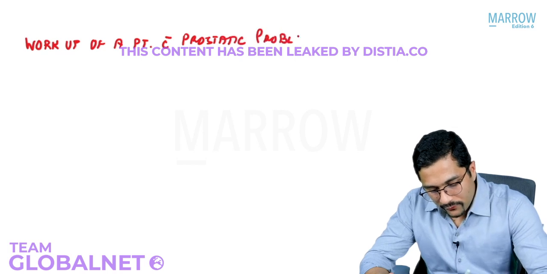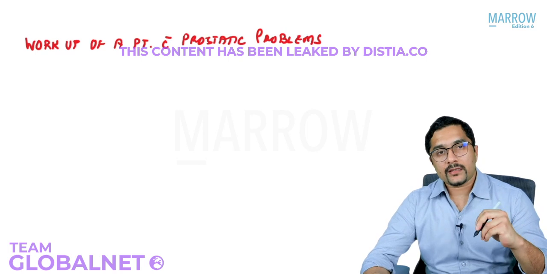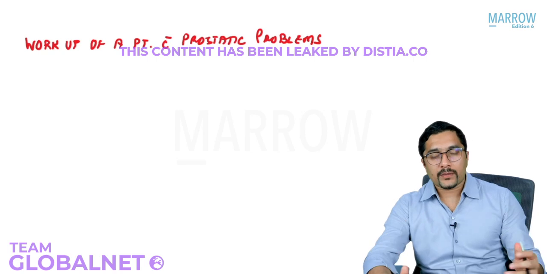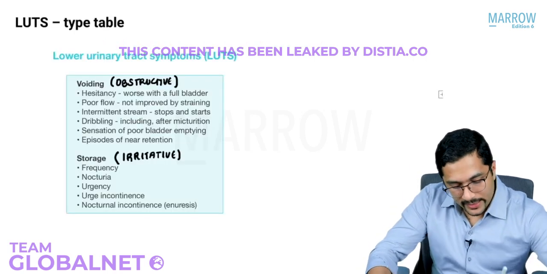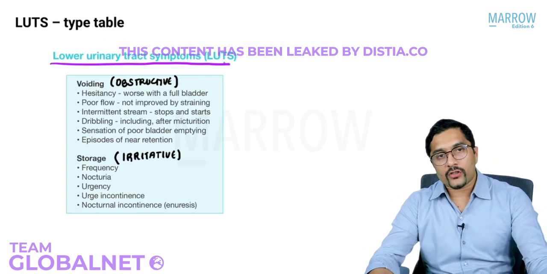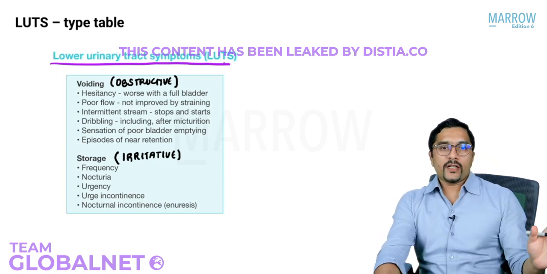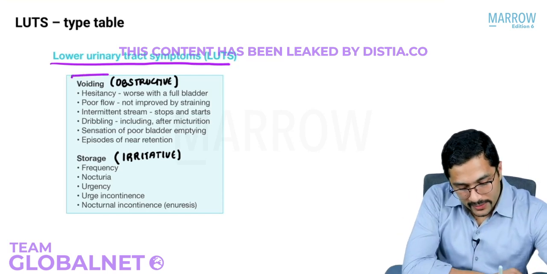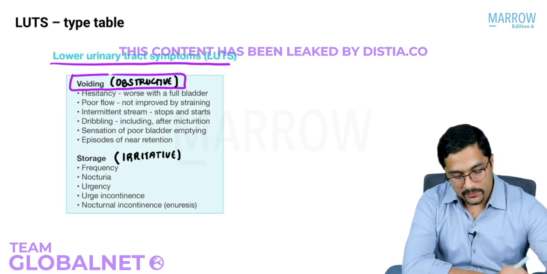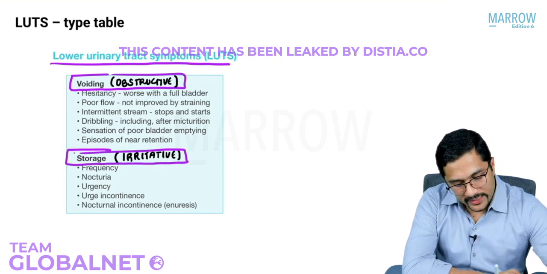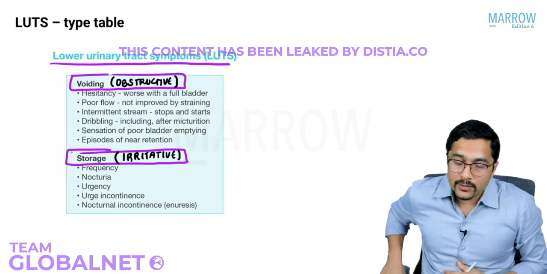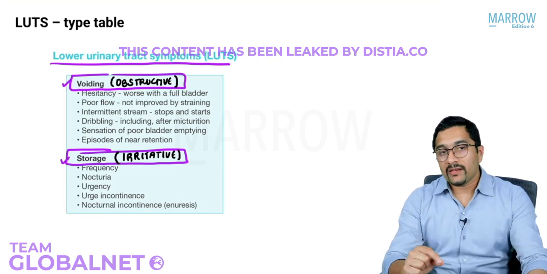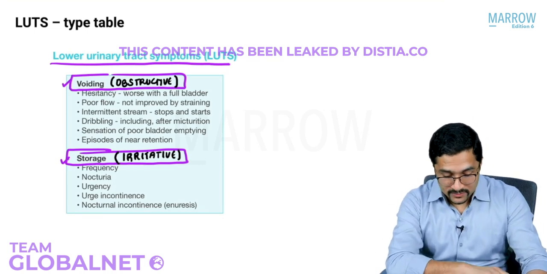Before we start talking about the investigations, I want you to know that these patients present with a specific set of symptoms known as LUTS, lower urinary tract symptoms. They can be of two types: voiding or obstructive symptoms, or storage or irritative symptoms. This is important because this was asked in the recent INI CET exam.